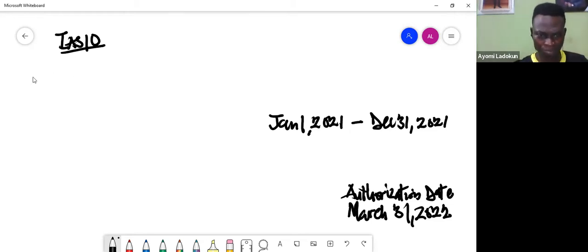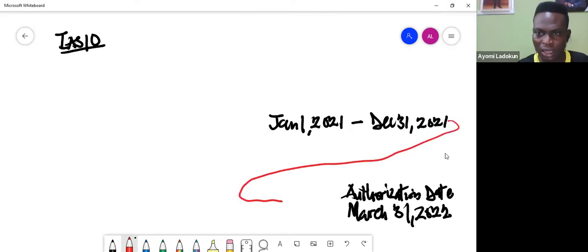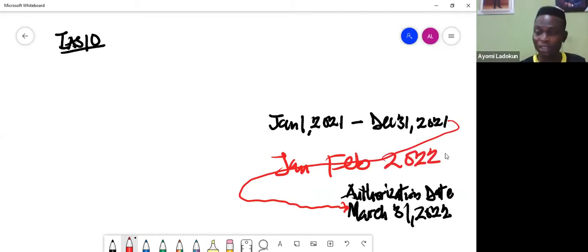Now this is the issue here. After the account has been prepared, between these dates, we have January, February, and March 2022.